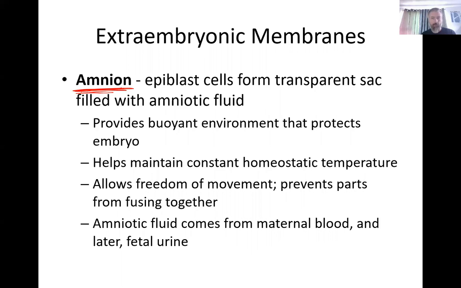We are buoyant so that we can more easily develop within that. Because it's mostly water, it doesn't change temperature very easily, so it's a relatively constant temperature for us. And it's something that we're going to use to develop our GI tract. We're going to be continuously swallowing and reprocessing that amniotic fluid, and also converting it into urine, so it helps develop our urinary tract as well.